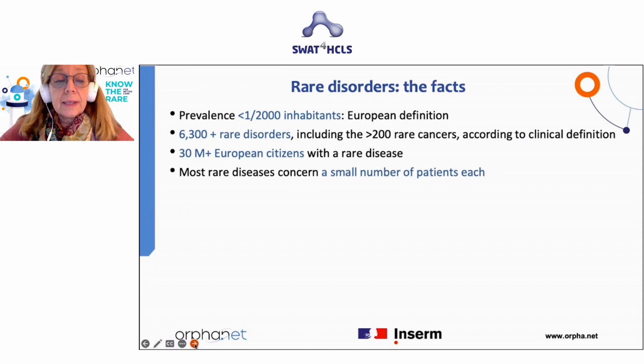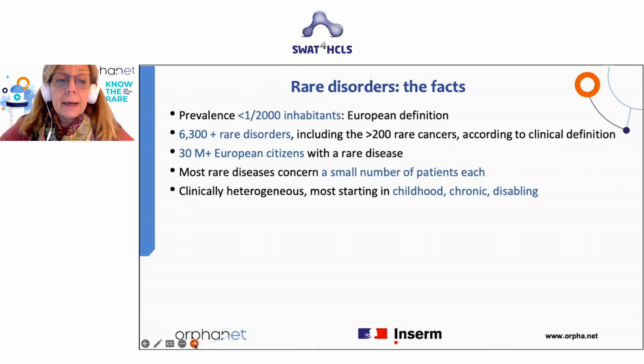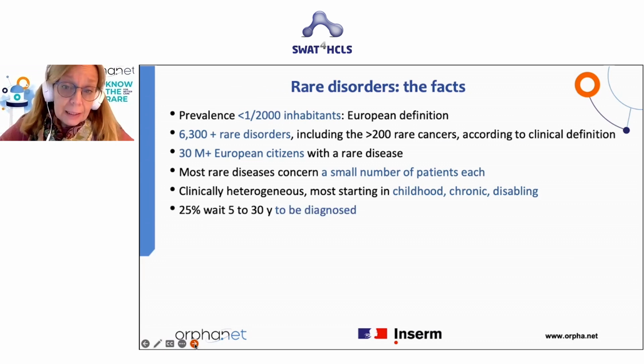Most rare diseases, as I showed you before, concern a small number of patients each. They are clinically heterogeneous. Virtually every field in medicine is impacted by rare diseases. The vast majority start in childhood. They are chronic, they are disabling. But because they are so rare and so unknown, a lot of them wait 5 to 30 years and sometimes all their lives to be diagnosed, to have a name on their suffering.